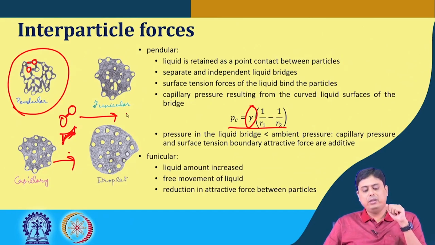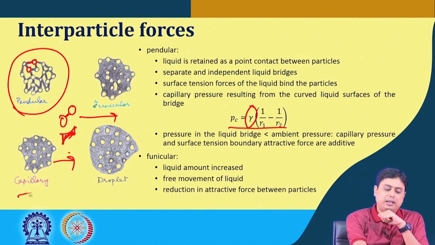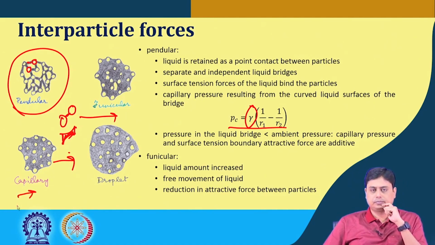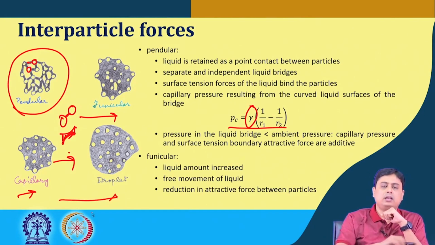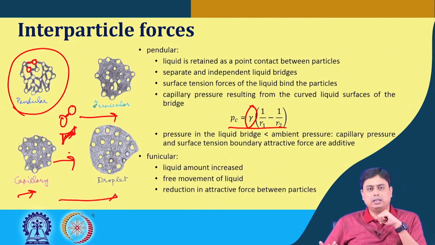and that reduces the attractive force between the particles. With further increment in the amount of liquid, we move to the capillary state, and on enhancing the liquid amount further, we get the droplet state.